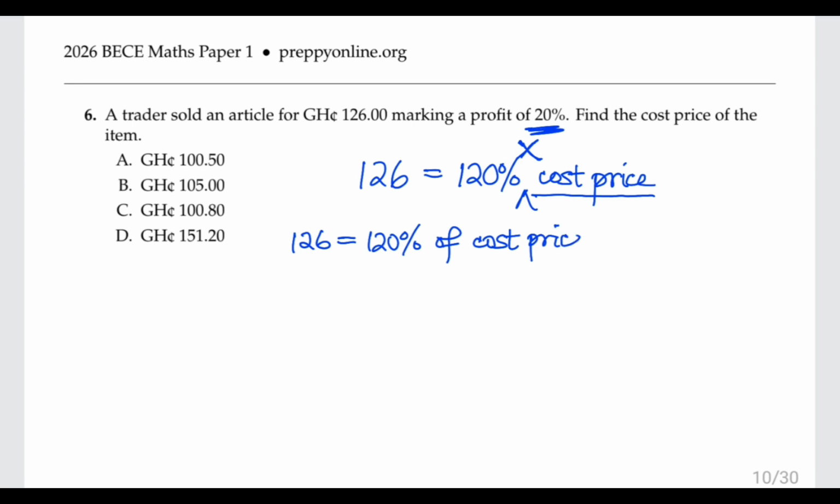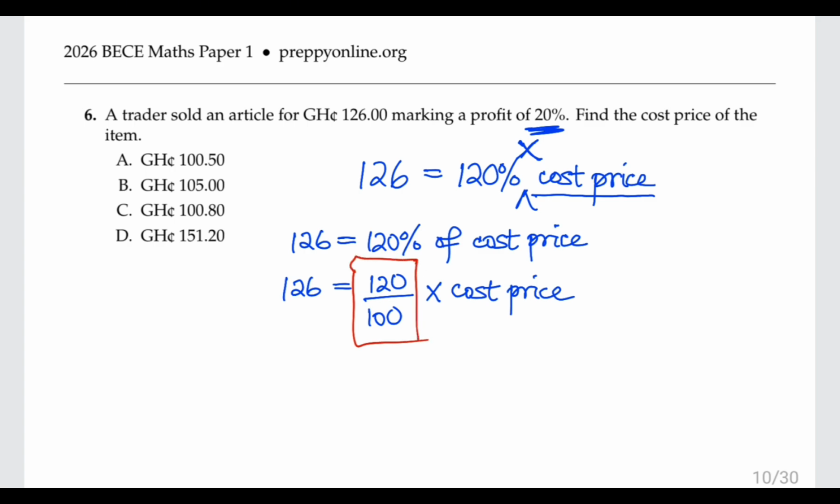Now, 120% is equal to 120 over 100. So let me just write that, 120 over 100. And if it's of the cost price, it means it's times the cost price. And so now we can multiply both sides by the reciprocal of this fraction.